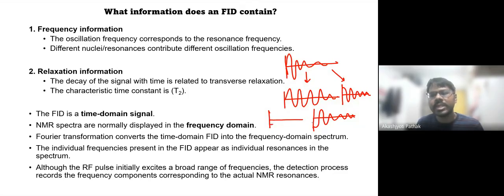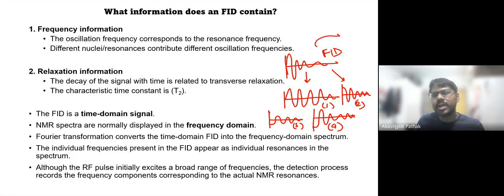There can be different amplitudes as well, right? Some can have shorter amplitude, some can have longer amplitude. The frequency, the wavelengths can be different. So the superposition of all these different decays from all these different nuclei will give you the free induction decay signal.